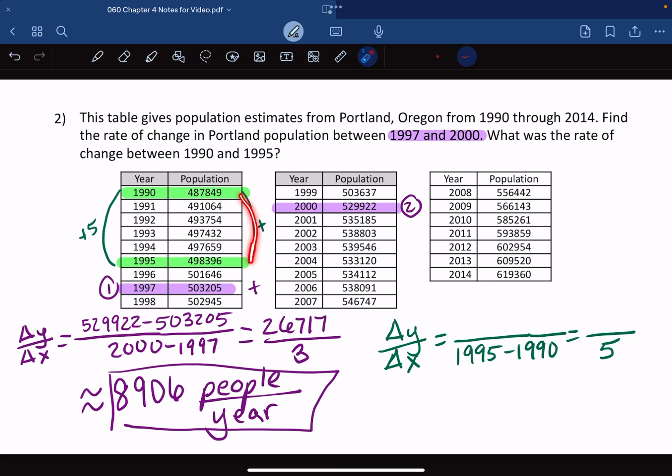And to get this change, it looks like the number went from 48 to 49. So that number's going up. So it's positive, it's going up.